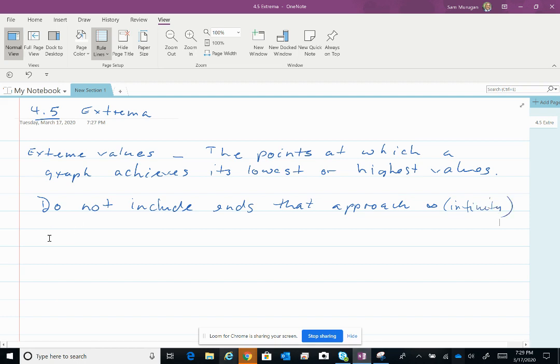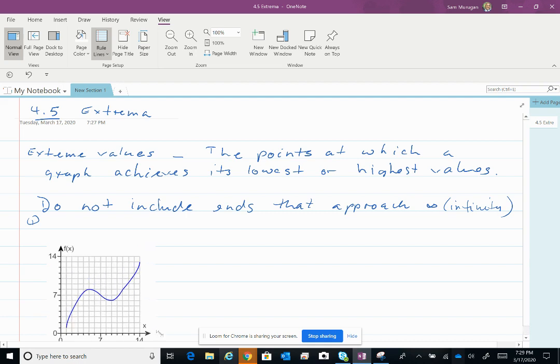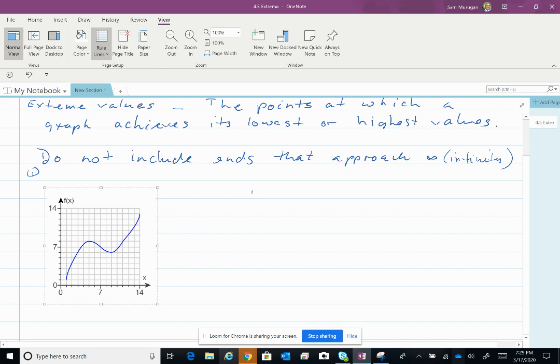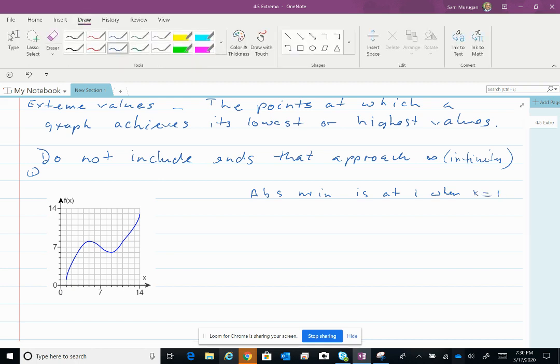So here's an example. This is actually question 1 from your homework. The absolute minimum is at 1 when x is equal to 1, and you can see that point right there.